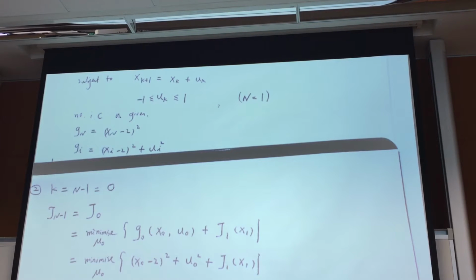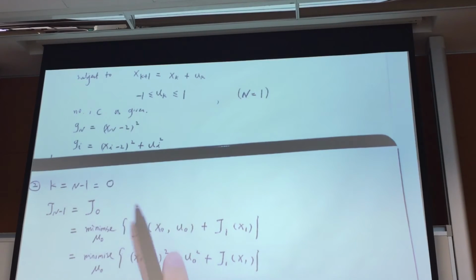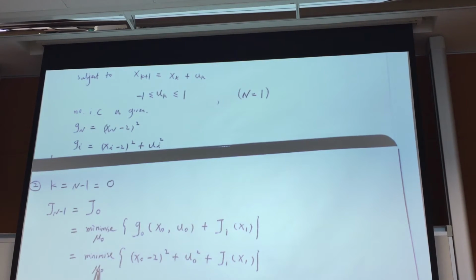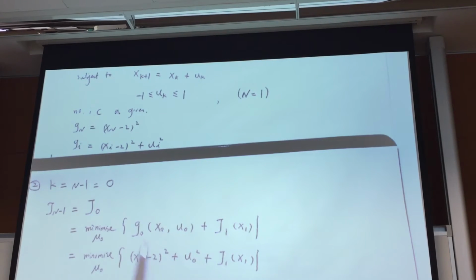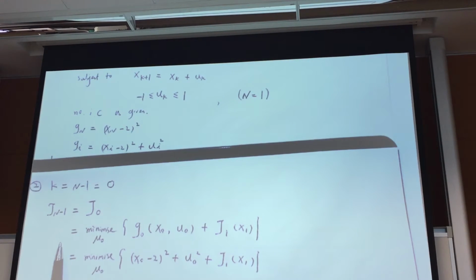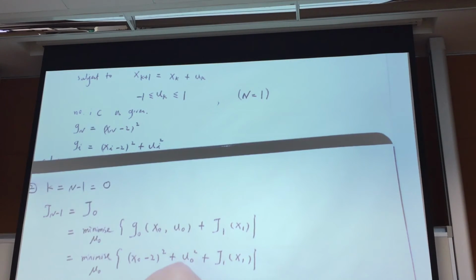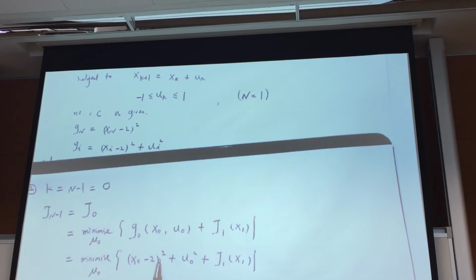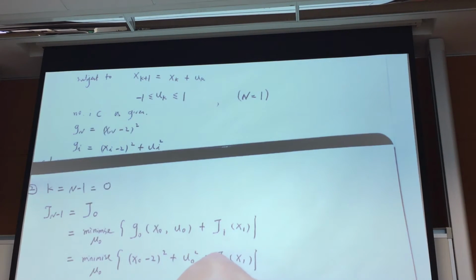The force you apply will only determine the following state. So this term is independent of the input, and we can just move it out of the optimization. So we have the remaining part.